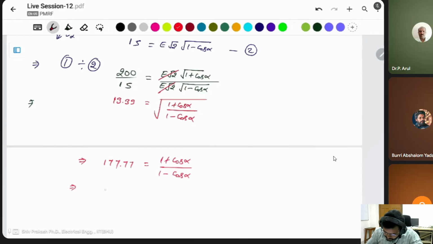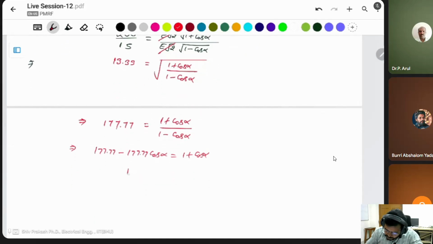You can transfer this one: 177.77 minus 177.77 cos alpha is equal to 1 plus cos alpha. It will be 176.77 is equal to 178.77 cos alpha. Cos alpha is equal to 176.77 divided by 178.77.